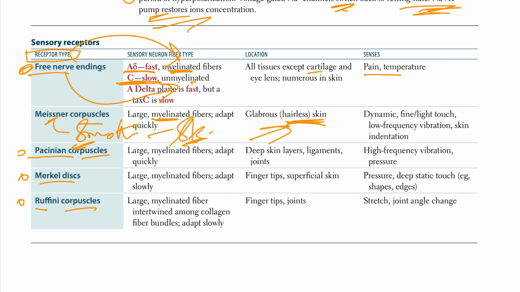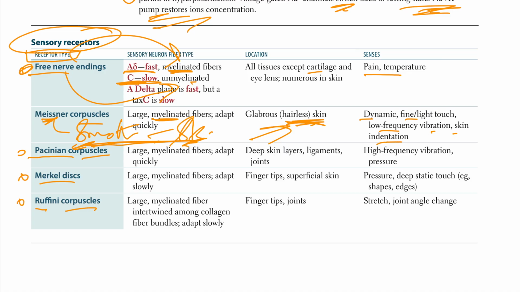So who is the sensory receptor for smooth skin, which is hairless skin? That is the Meissner's. And they sense dynamic, fine, light touch, low frequency vibration, and skin indentation.